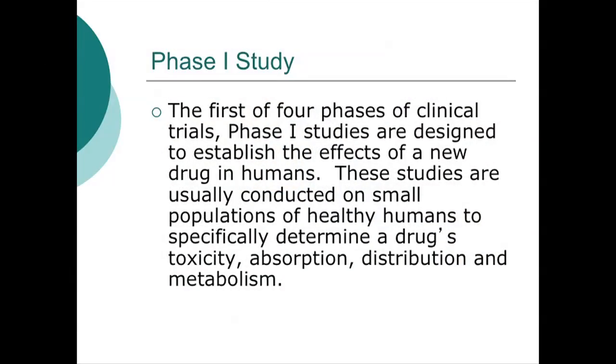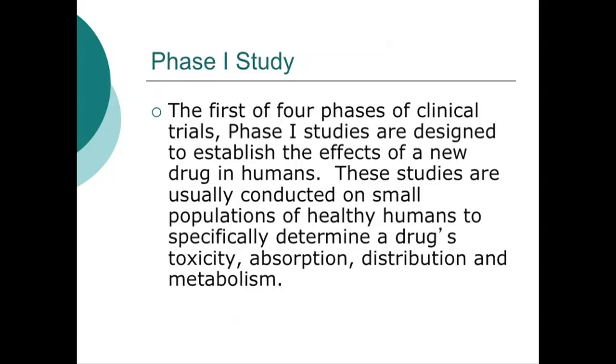I think one of the studies Dr. Shartman mentioned, he said it was a phase 1 study. A phase 1 study is the first testing in humans. Phase 1 studies are designed to establish the effects of a new drug.